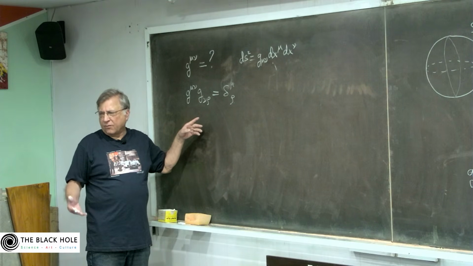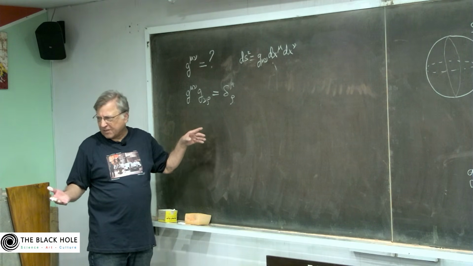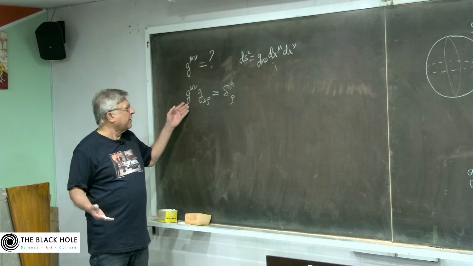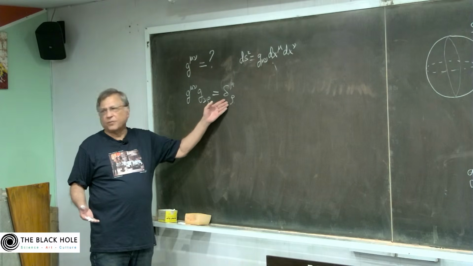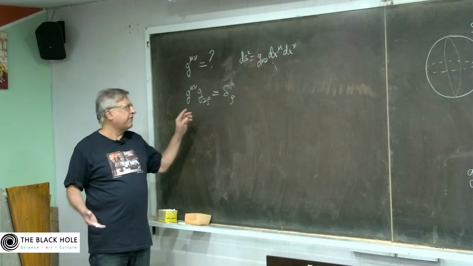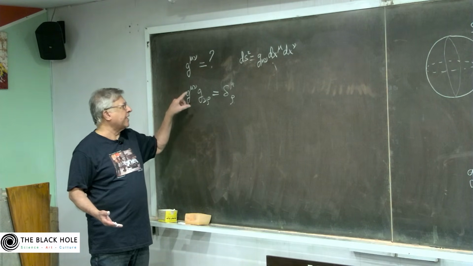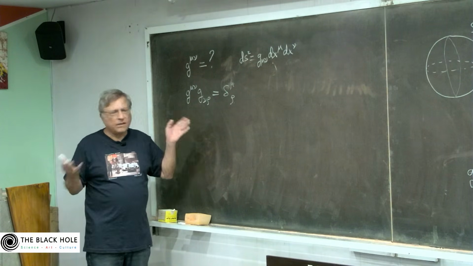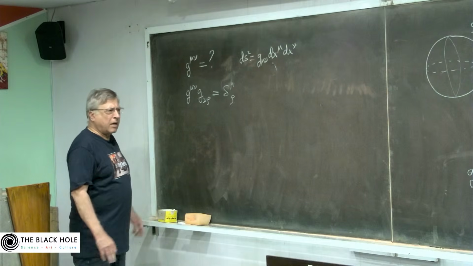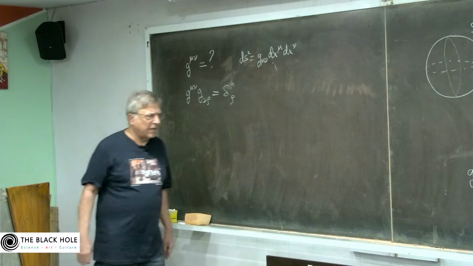And yesterday, what you heard about multiplying matrices, well, this is one matrix multiplying another matrix, and this has to be the unit matrix. So therefore, this is the inverse of that.